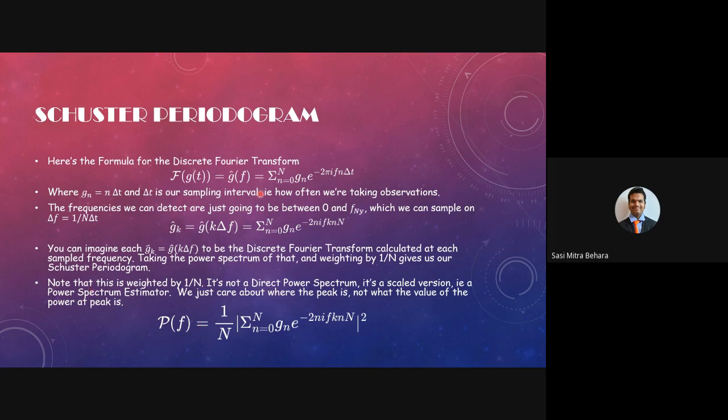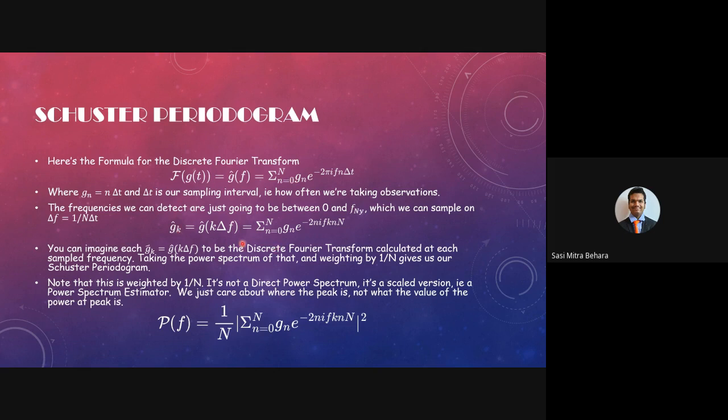Now, the discrete Fourier transform, the way it's calculated, you can look at it in depth. But basically, here's the formula for the discrete Fourier transform. It's a summation, and you have a complex component, and you are taking a summation at each point that's being sampled.